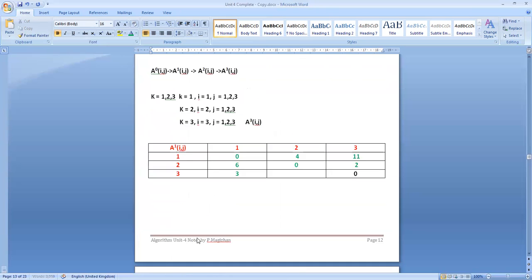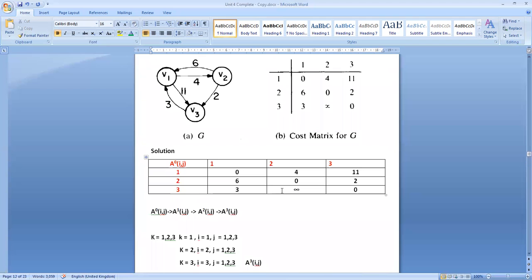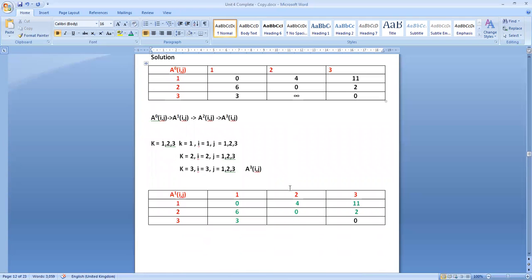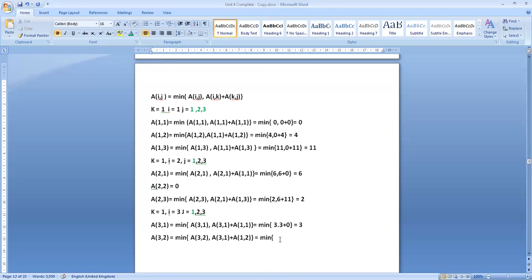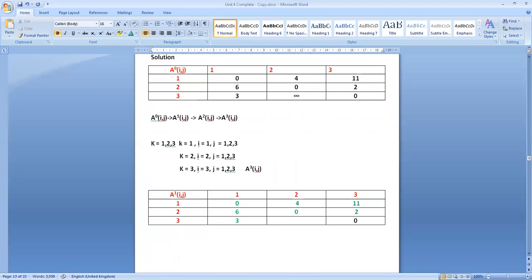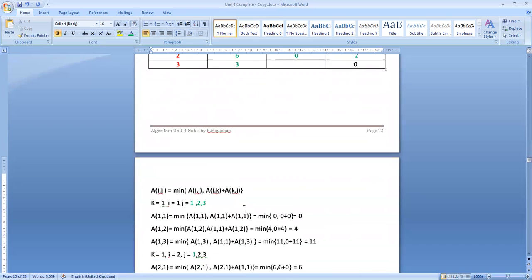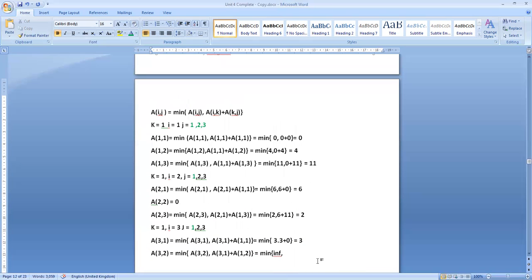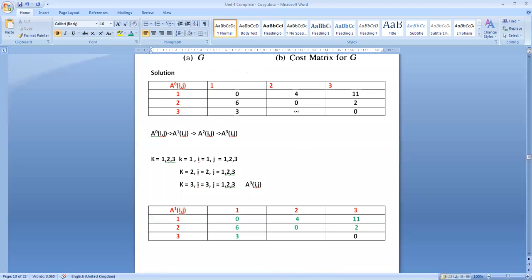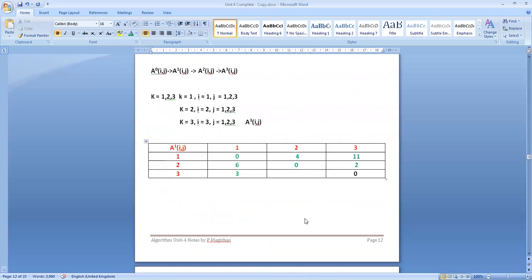A naught of 3 comma 2 is infinity, comma a naught of 3 comma 1 which is 3, plus a naught of 1 comma 2, which is 4.